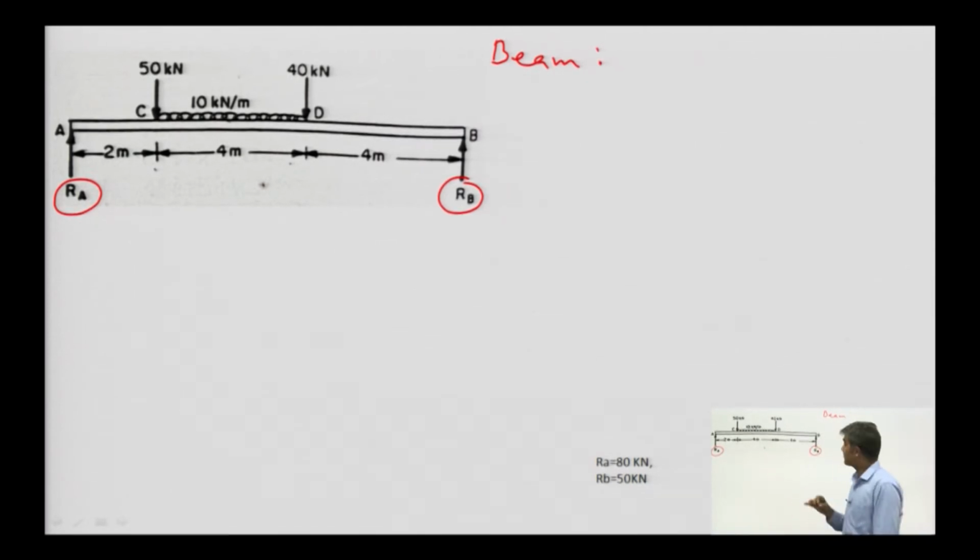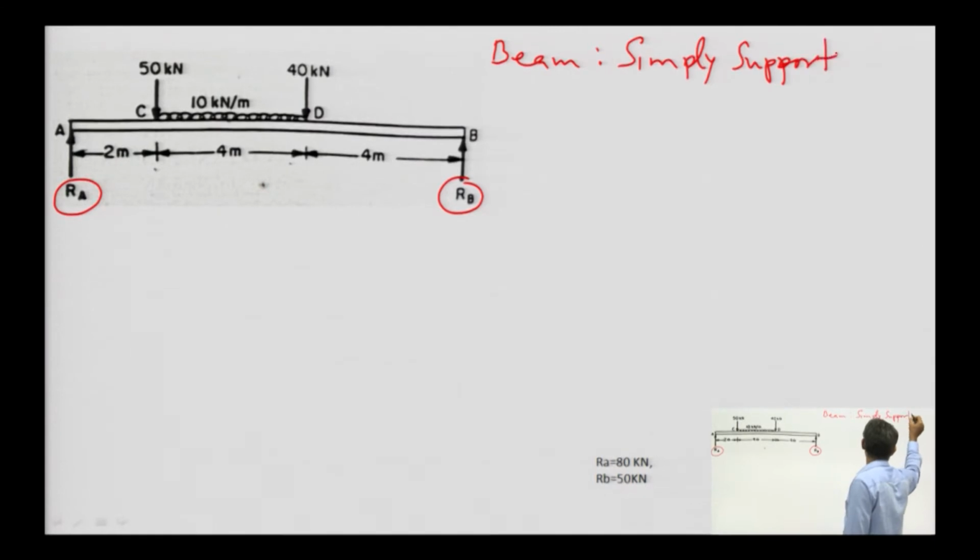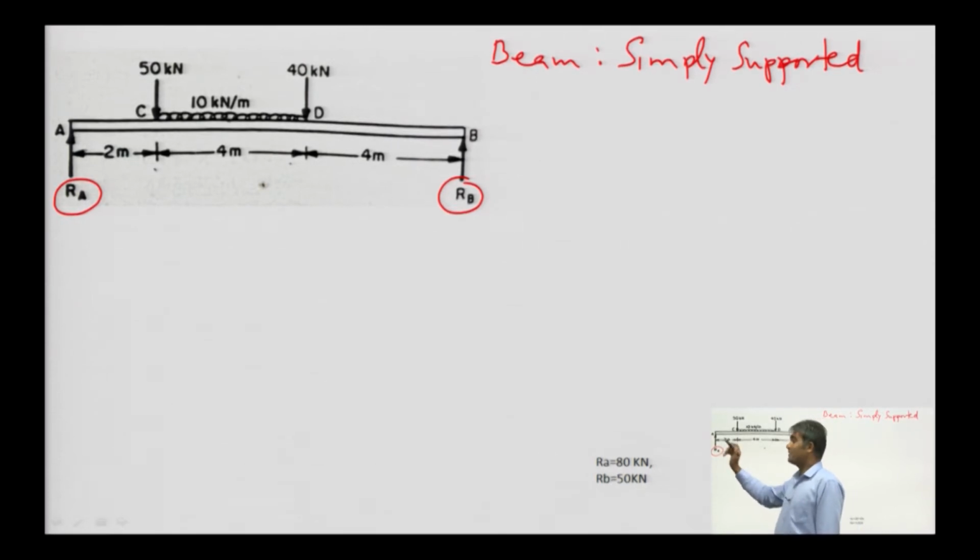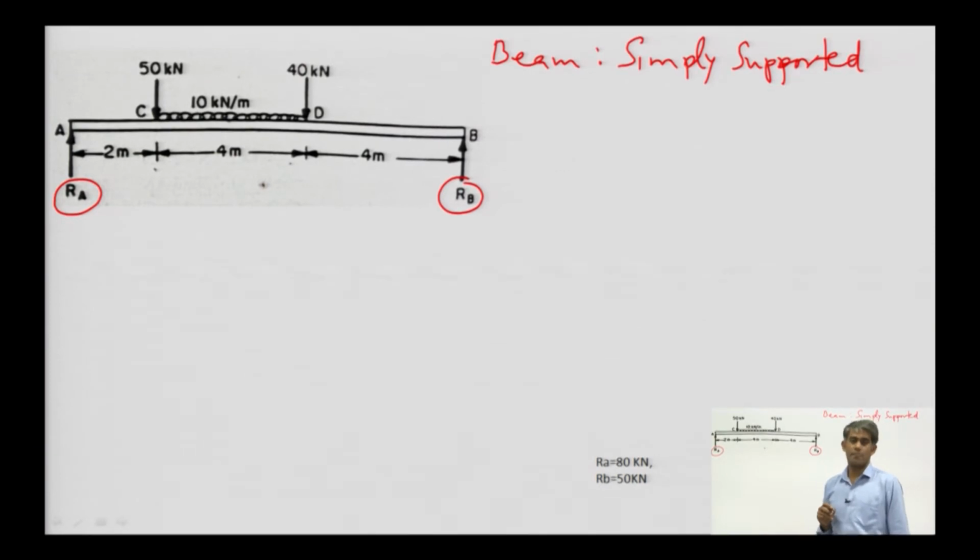It will be called simply supported. Why is it called simply supported? It is called by this name because it is being simply supported. On the basis of its supporting condition, it is termed a simply supported beam.